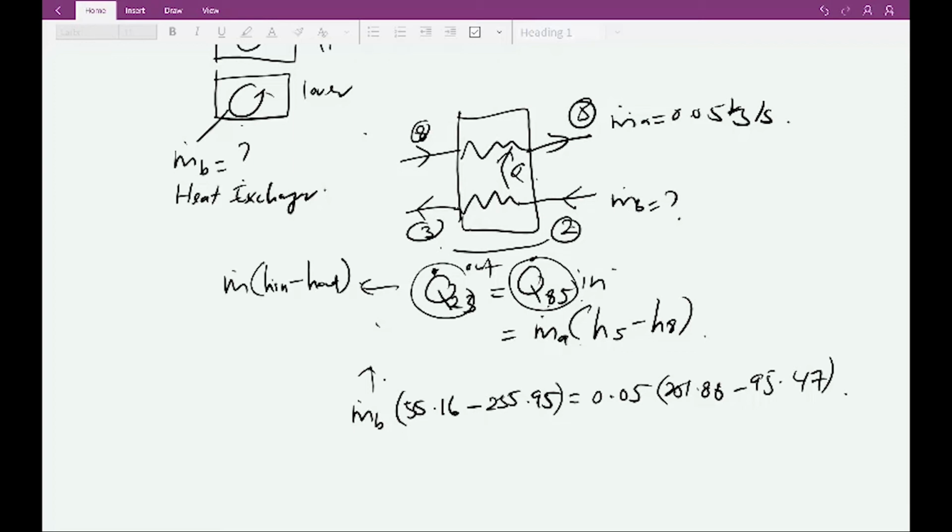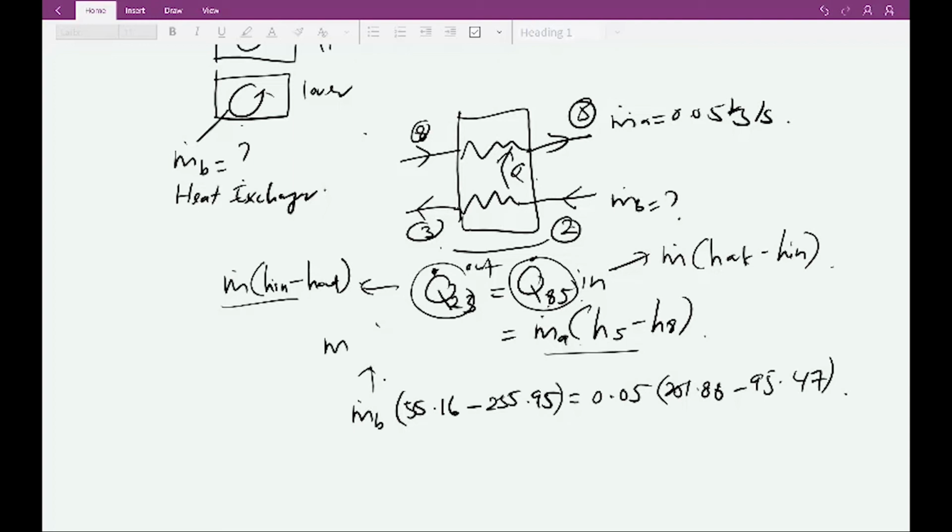While for Q in, where the heat is absorbed by the evaporator, the equation is m dot (H out minus H in). That's why here is m dot A (H5 minus H8), while for Q dot 23 equal to m dot (H in minus H out).